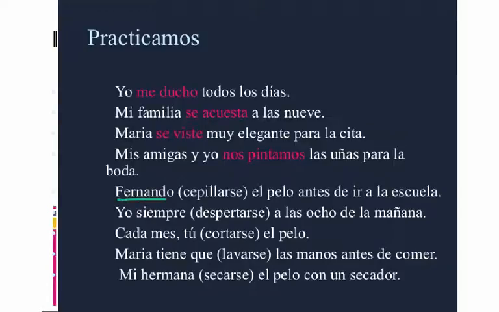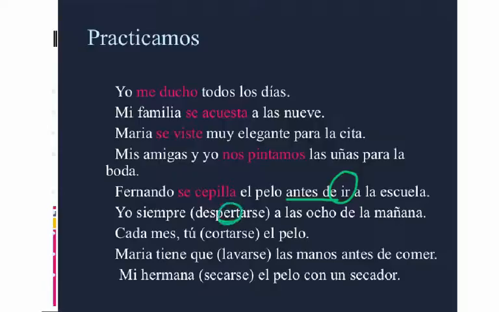So se cepilla el pelo antes de. Now look at that, antes de, that is a preposition. And what is it followed by? An infinitive. Yo siempre blank a las 8 de la mañana. This is also a stem changer right there. Me despierto. Cada mes tú.